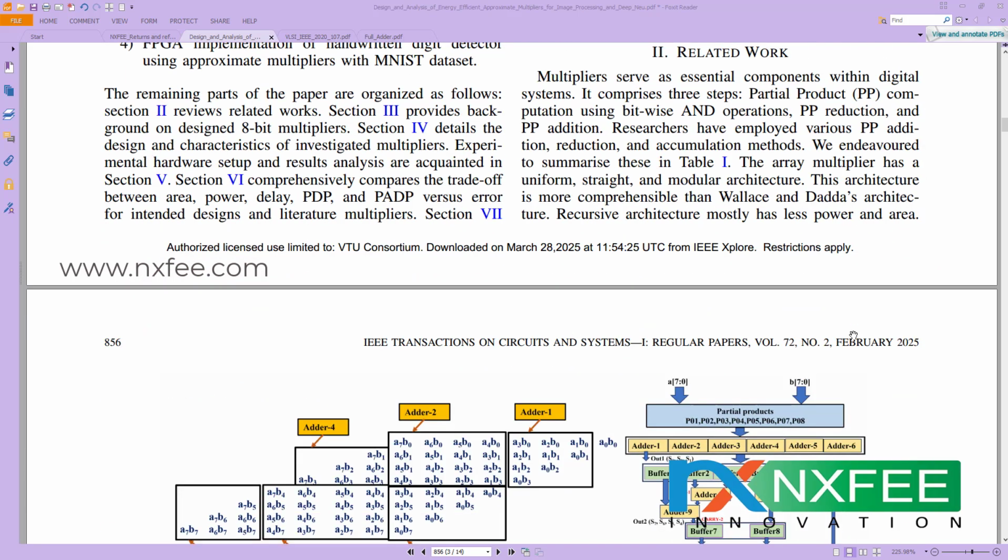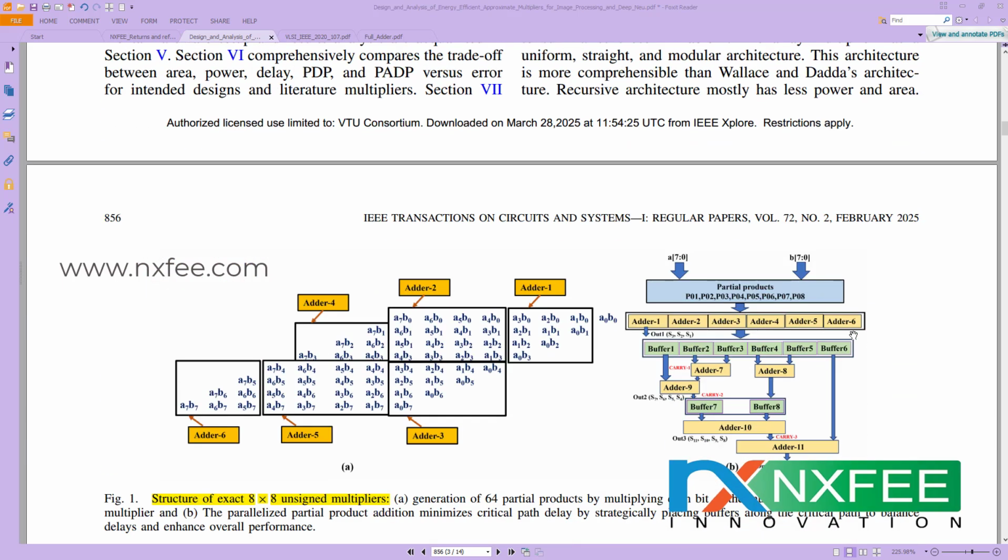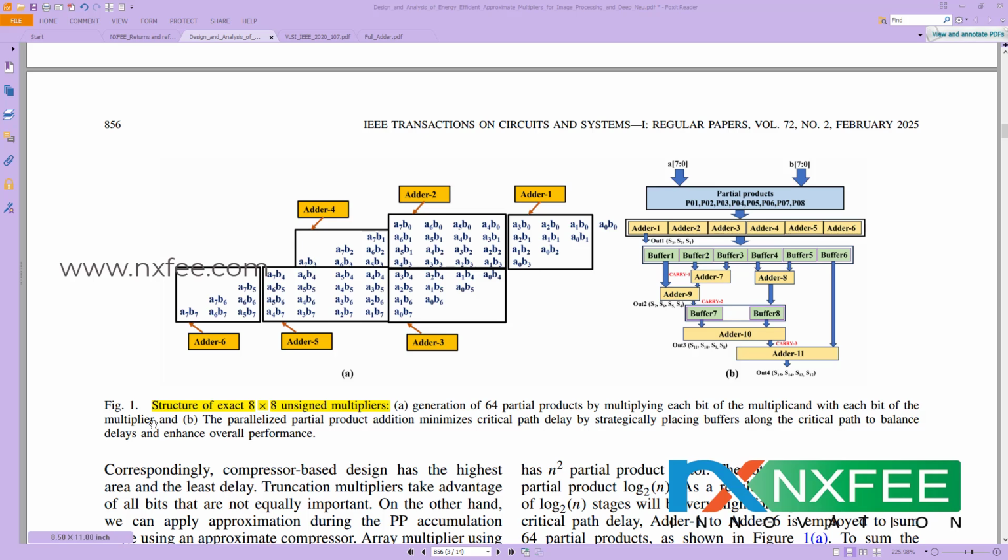So here, first, figure 1. The structure of the exact 8x8 multiplier. This is the partial product generation and this is the architecture. Here, what they are doing is not the normal traditional exact method. The traditional exact method comes with a number of half adders and full adders.